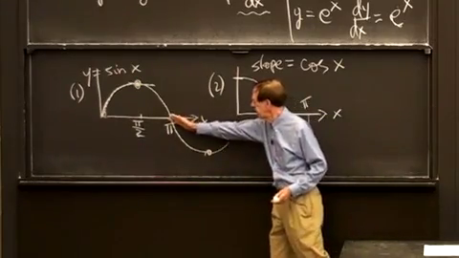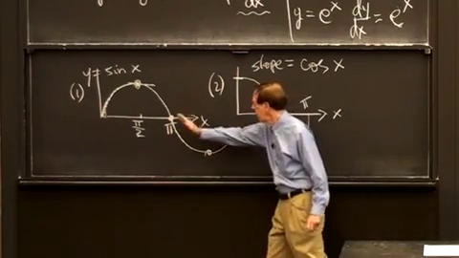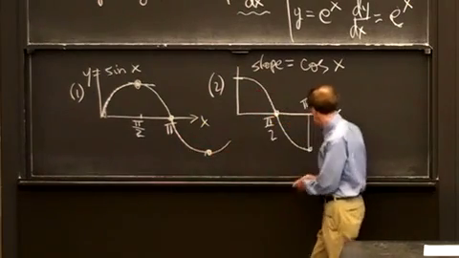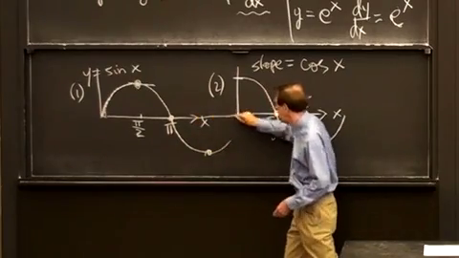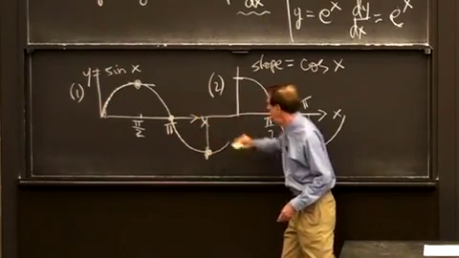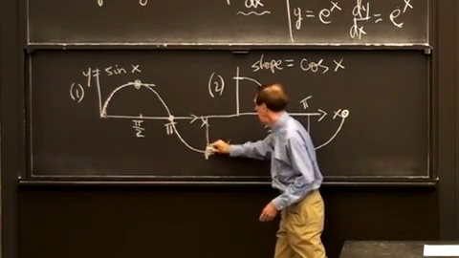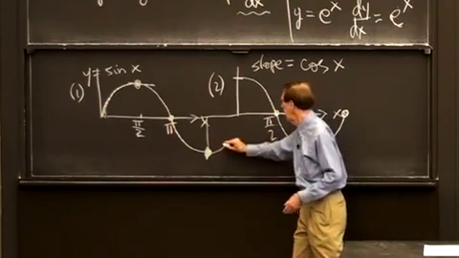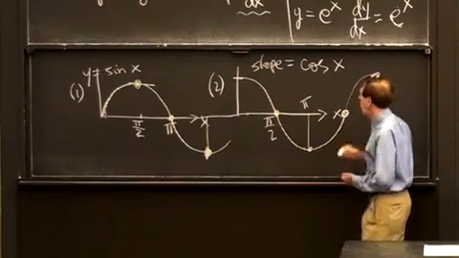and actually it's dropping its fastest. It's dropping its fastest at that point, which is the slope is -1. And then the slope is still negative, but it's not so negative, and it comes back up to 0 at 3 pi over 2. So this is the point 3 pi over 2. And this has come back to 0 at that point. And then it finishes the whole thing at 2 pi. This finishes up here back at 1 again.